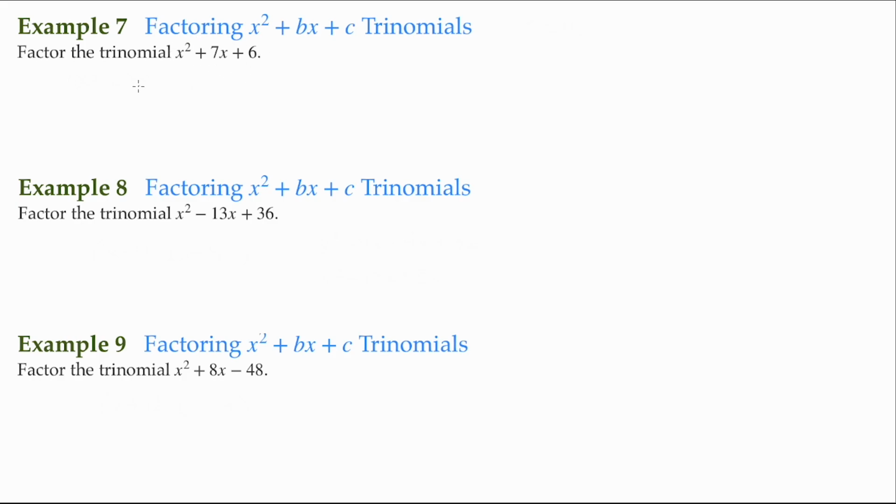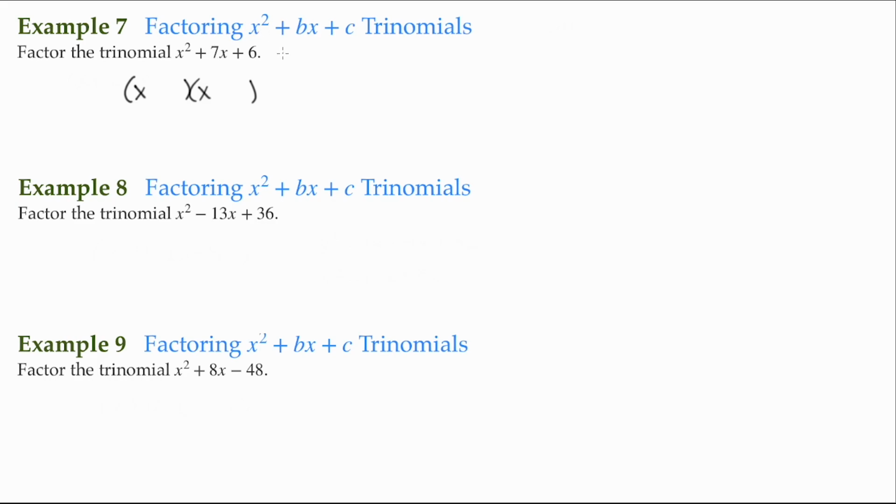So if that's the case, the first thing I'm going to do is go x like this with these parentheses and x like that. So here are my two binomials that I eventually multiply together and should come out to be this trinomial. The key now is to determine what are these values that are going to go in here. The way we determine that is it's going to be two values that when we multiply them together, come out to be the constant here, which is 6, and when we add them together, come out to be the coefficient b, which is 7.